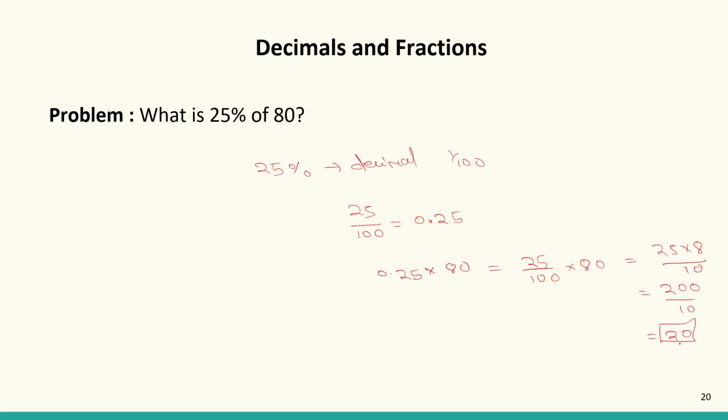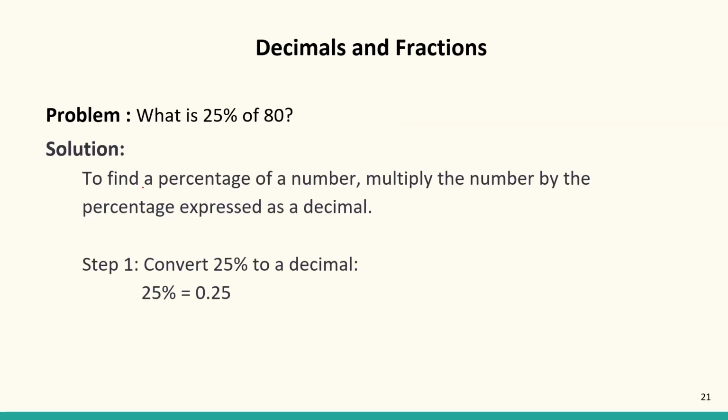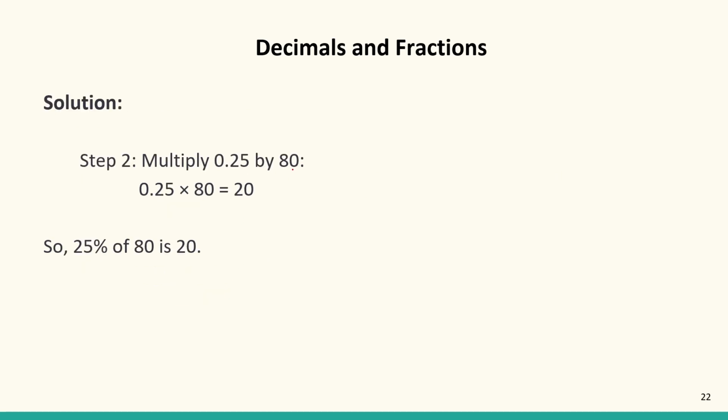So the answer is 20. To find a percentage of a number, multiply the number by the percentage. Convert 25% to a decimal, that is 0.25, and then multiply it by 80. We got 20, so we got the correct answer.